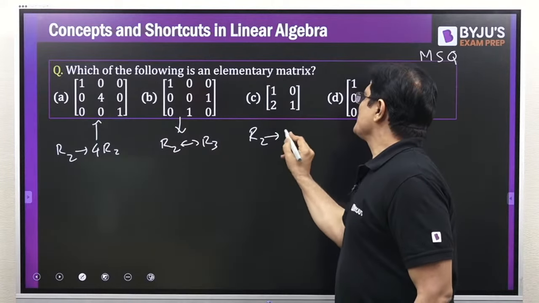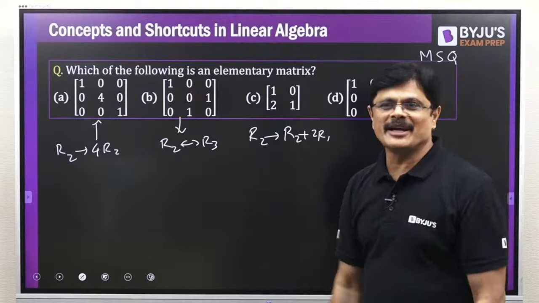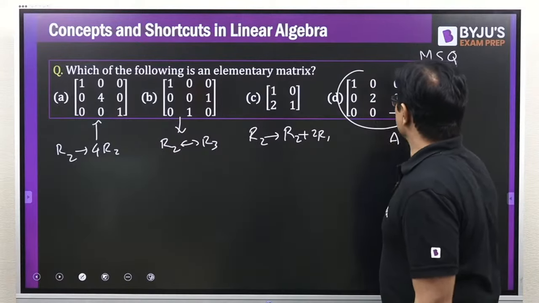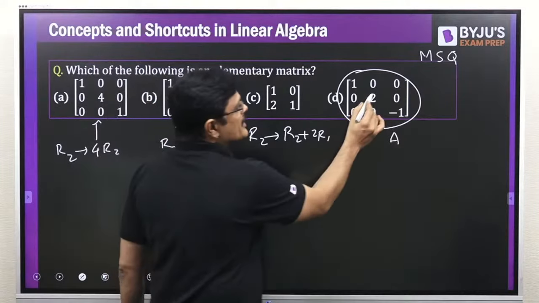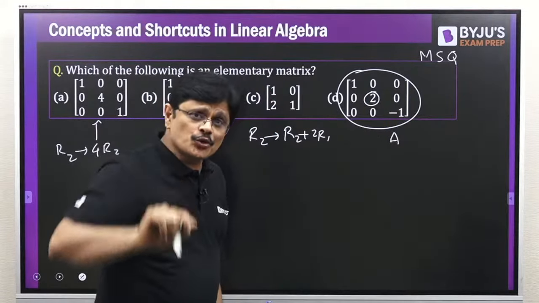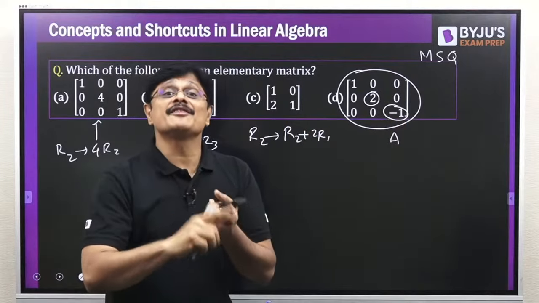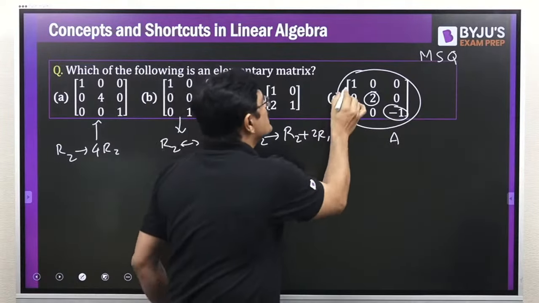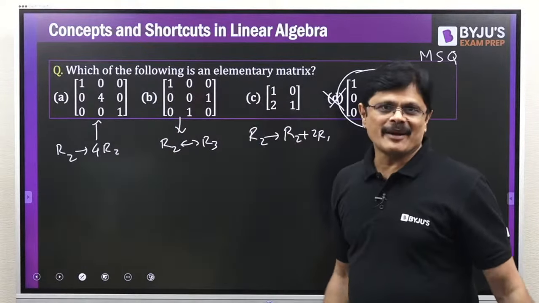Row 2 is row 2 plus 2 times row 1, therefore it is also elementary matrix. And this fellow is the odd man out. Am I clear? Because here second row is multiplied with 2, third row is also multiplied with some other constant which is -1. Therefore, ये elementary matrix नहीं है. But all these fellows are elementary matrices.